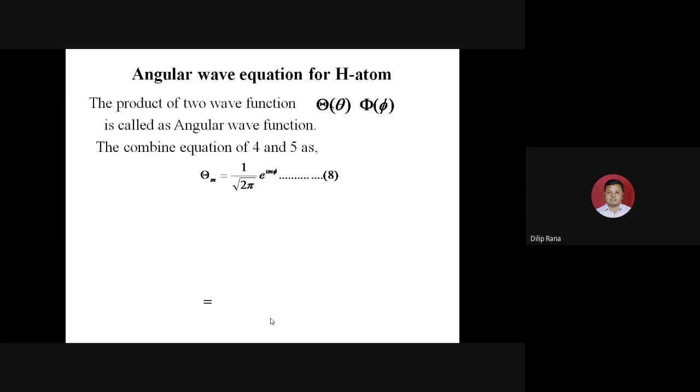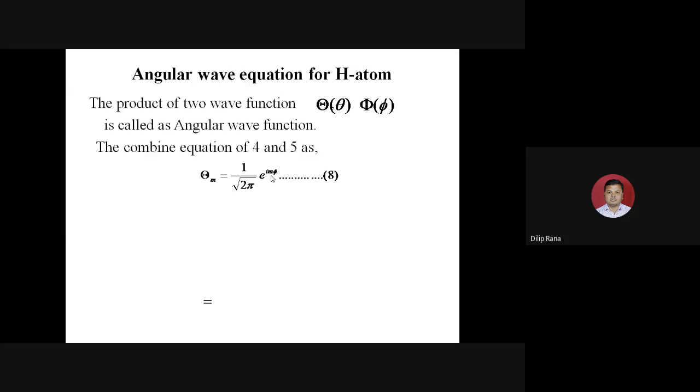This is obtained by taking the quantum mechanical operator. Now this is important. This is m. We obtained m here. This m is nothing but our important quantum number, that is the magnetic quantum number.